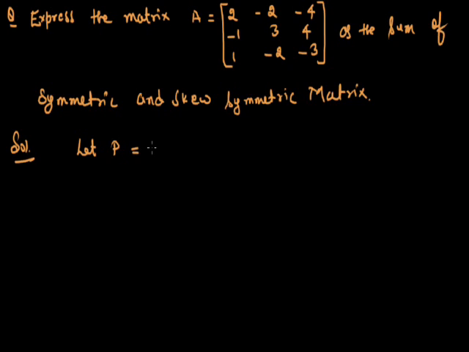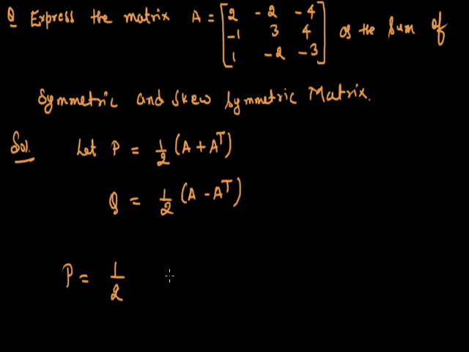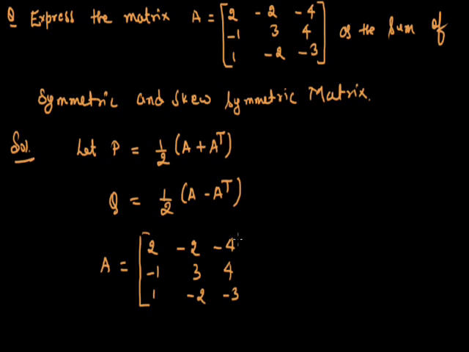Now let P equal to half of (A plus A transpose), and Q equal to half of (A minus A transpose). So P equal to half of (A plus A transpose). Now A equal to [2, -2, -4; -1, 3, 4; 1, -2, -3]. Now A transpose equal to [2, -1, 1; -2, 3, -2; -4, 4, -3].